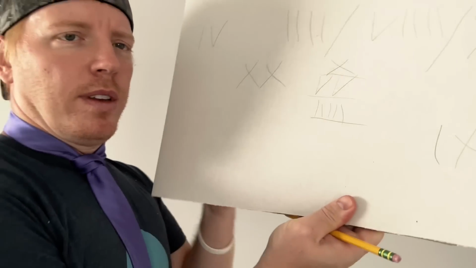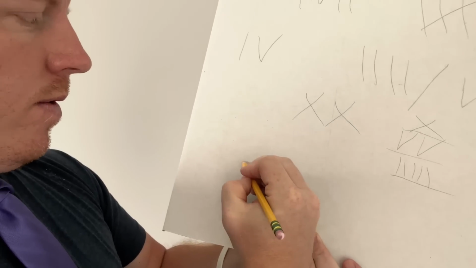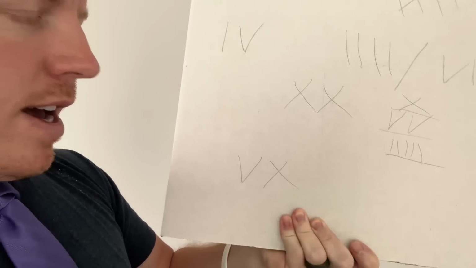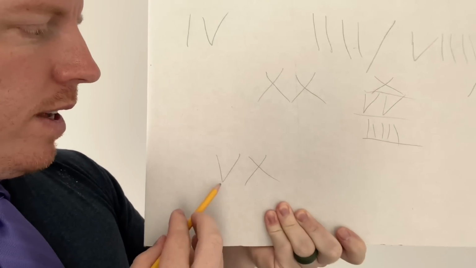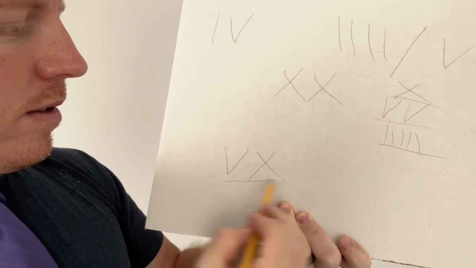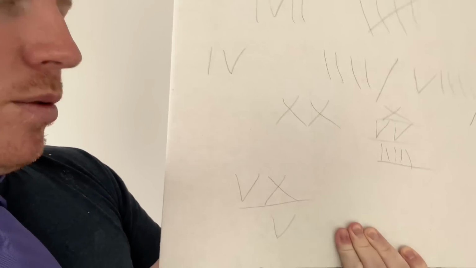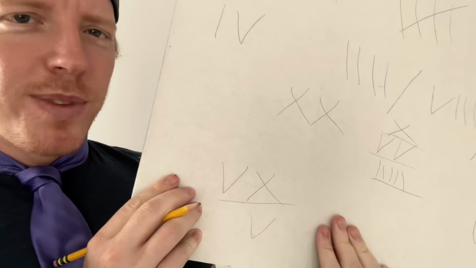So if I go VX, the V comes before the bigger number, which is an X. So this actually still just equals 5, I think.